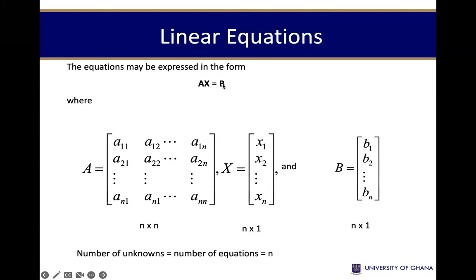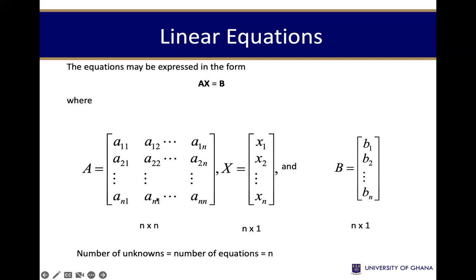So in this situation, we can write the coefficient matrix A as a11, a12 to a1n. Then we have a21, a22, all the way to a2n. Then coming down to an1, an2.